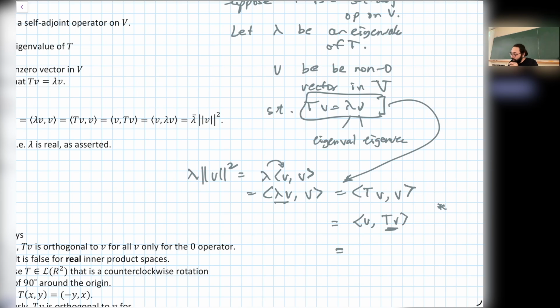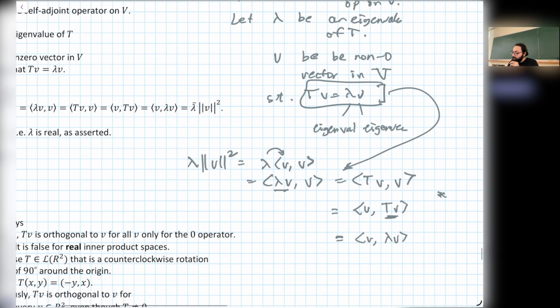So now you will have <V, lambda V>, correct? And this one we can pull out, but when you pull it out now, you're pulling it out from the right hand side of the inner product, not the left hand side. So you're going to pull it out with complex conjugation. So you'll have lambda bar <V, V>, and what is <V, V>? It's just the norm of V squared.